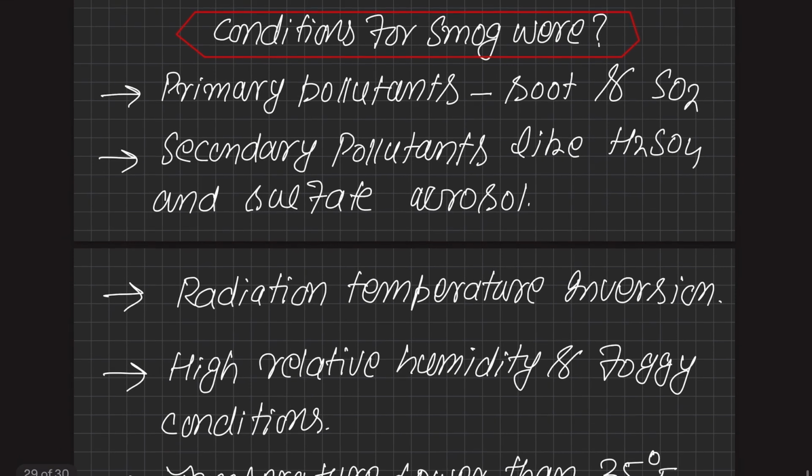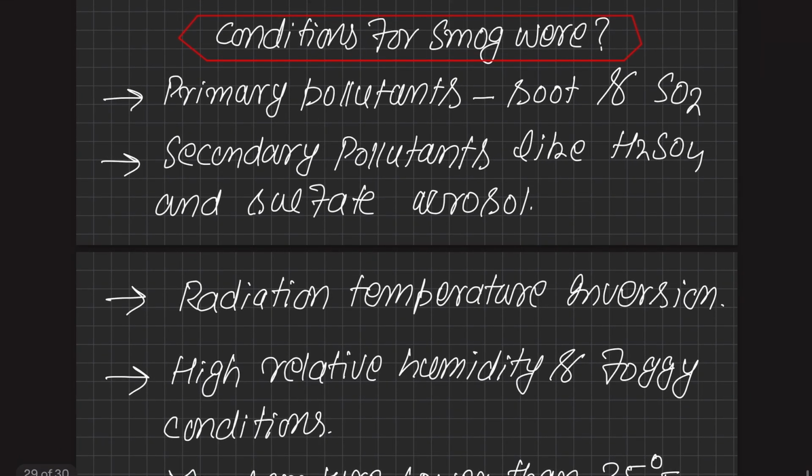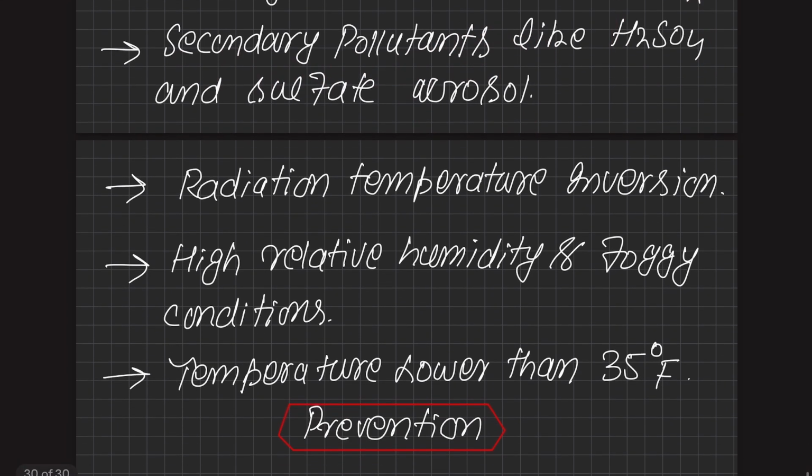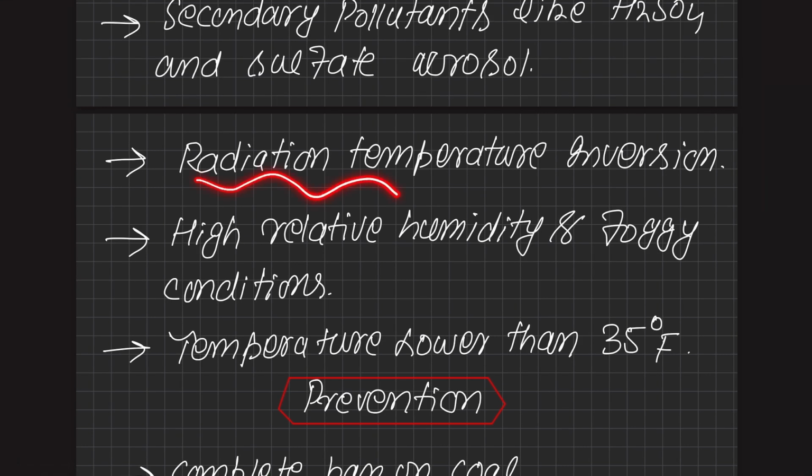So in short, what are the necessary conditions for smog? The first condition is the presence of primary pollutants such as soot and sulfur dioxide. Second is the presence of secondary pollutants like sulfuric acid, aerosols, and polyaromatic hydrocarbons. The third condition is a temperature inversion.